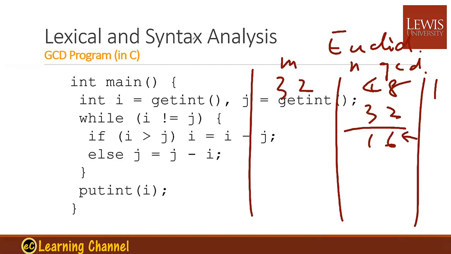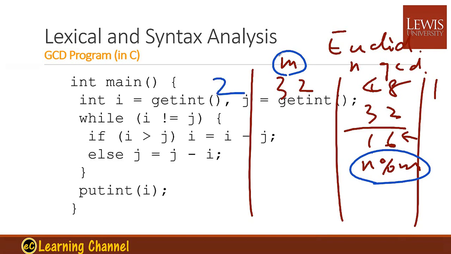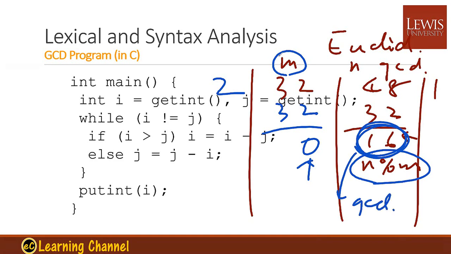So this one actually is N modulo M, and then this guy is M. Now we use this one to do 32 modulo 16. We get 0. When this becomes 0, this guy would be the GCD or GCF. That's called the Euclid algorithm.